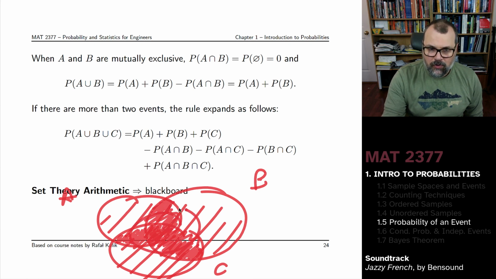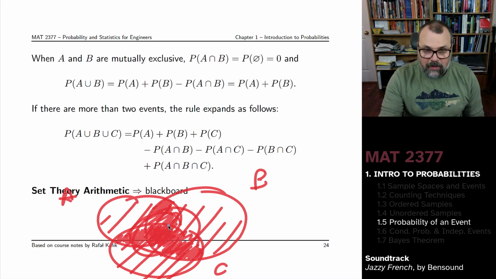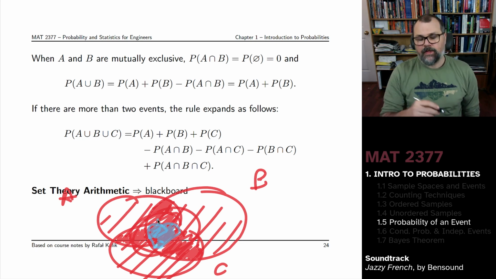But by doing so, you've removed, or triple counted if you want, the intersection here. You need to find a way to bring it back. The one that's here. That's what the formula is saying.